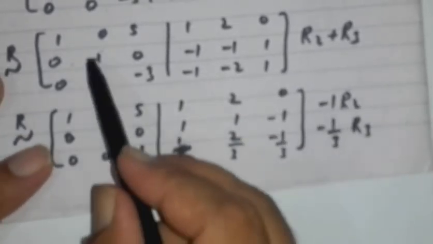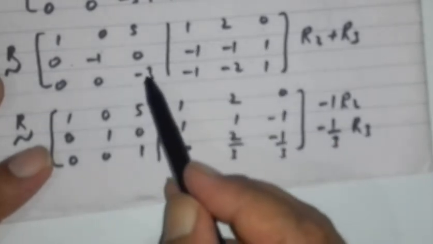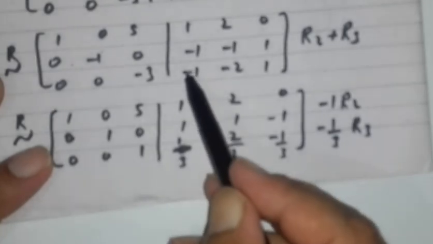Now multiply this second row by minus 1 and this by minus 1 over 3. So this will become 1, this will become 1, and minus 1 over 3, so it becomes 1, minus into minus 1 over 3, it becomes 1 over 3, and it becomes minus 2 over 3, and it becomes 1 over 3.